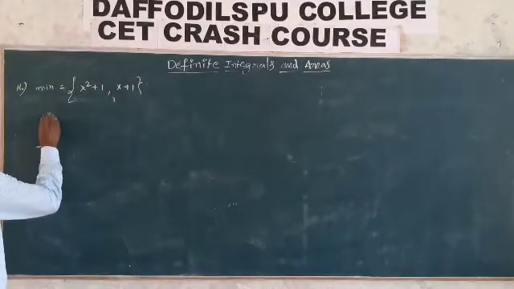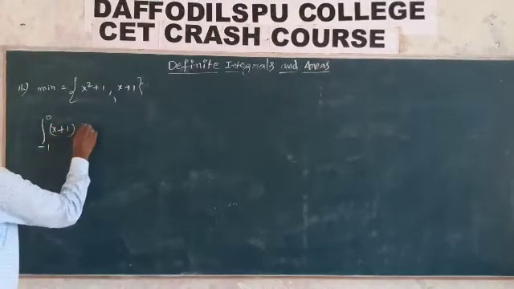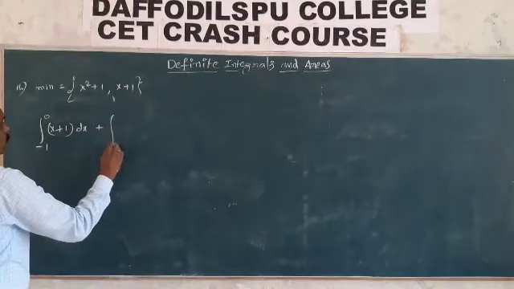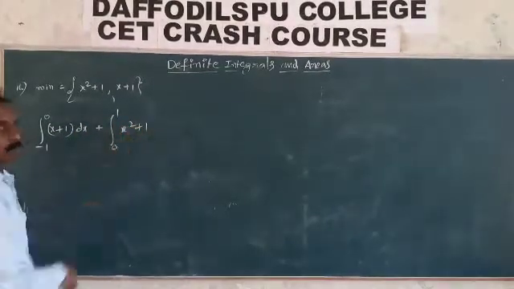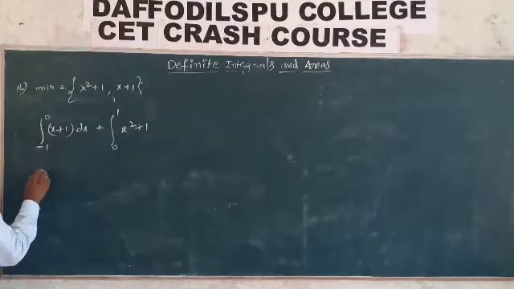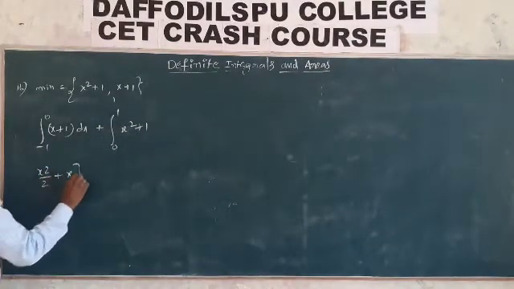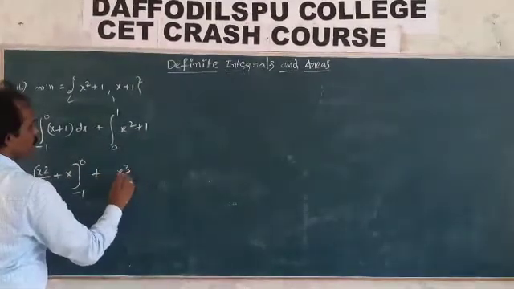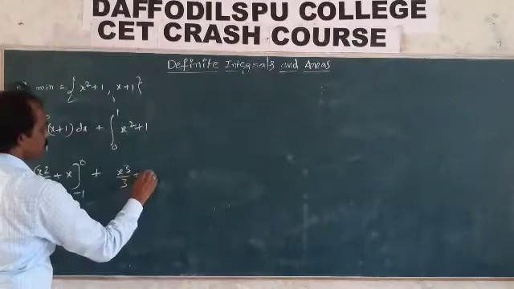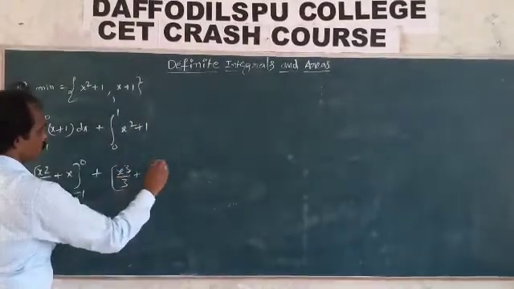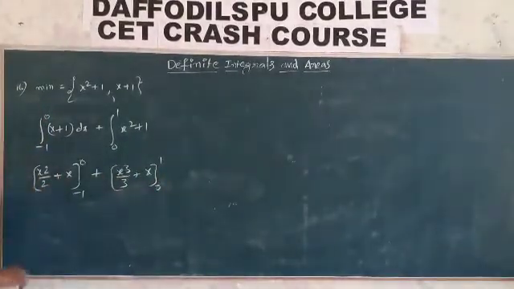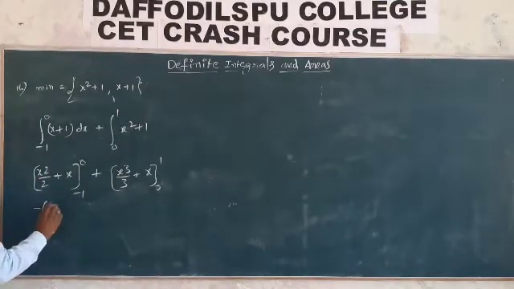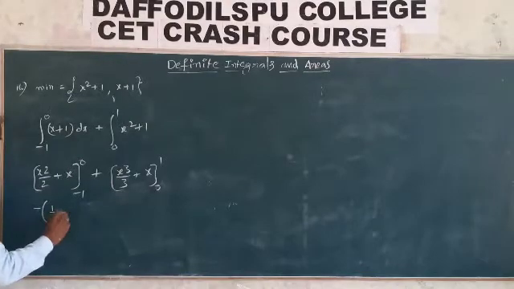So that implies integral from -1 to 0 of x plus 1 dx plus integral from 0 to 1 of x square plus 1. What is this integration? x square by 2 plus x from -1 to 0, plus x cube by 3 plus x from 0 to 1. For the upper limit, the total value is 0; for the lower limit, minus of 1 by 2 minus 1.